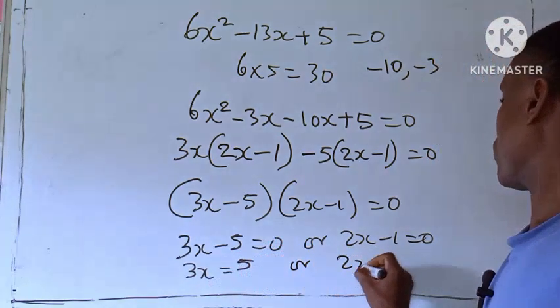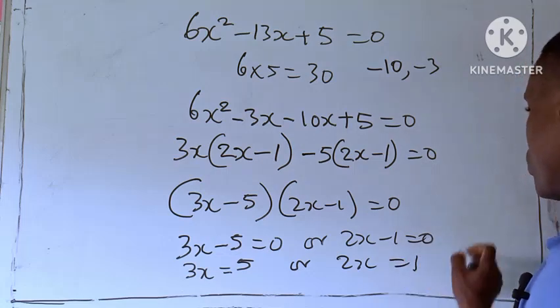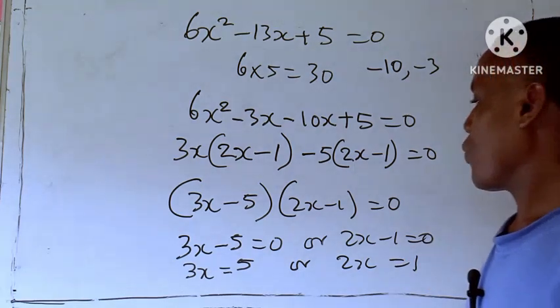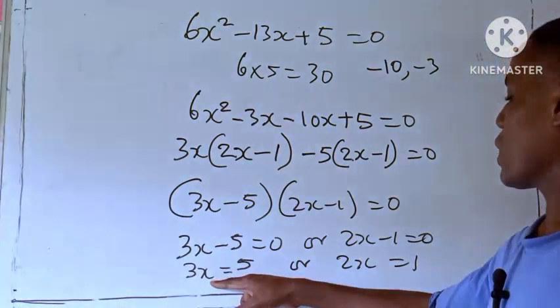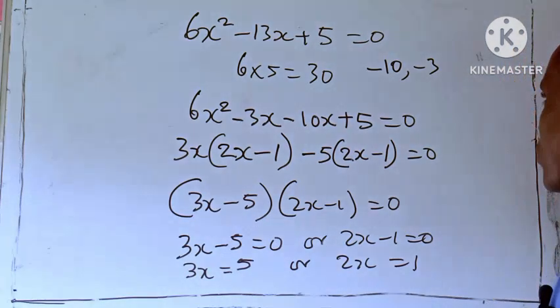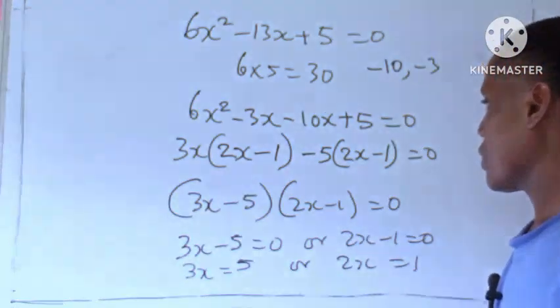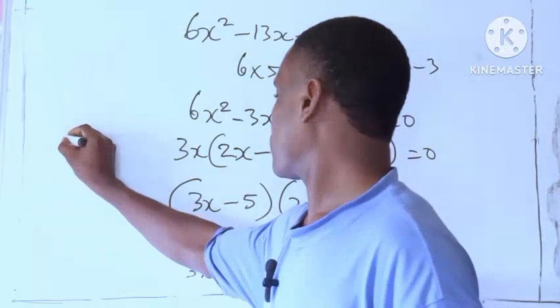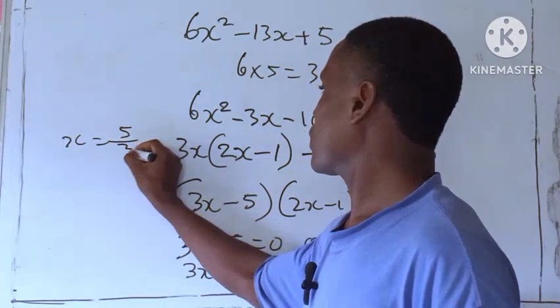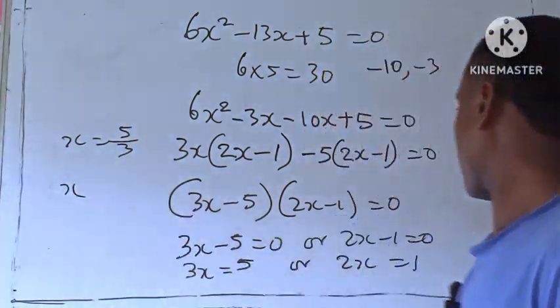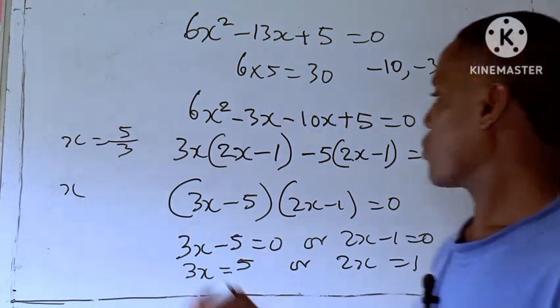Then here we have 2x equals, if you move it here, plus 1. Therefore, dividing both sides by 3, x equals 5 over 3. While the second one, x equals 1 over 2.